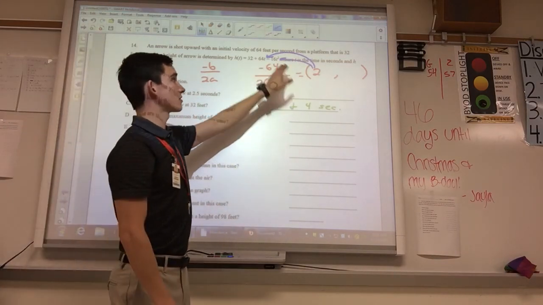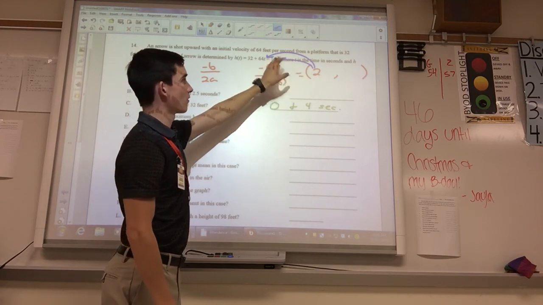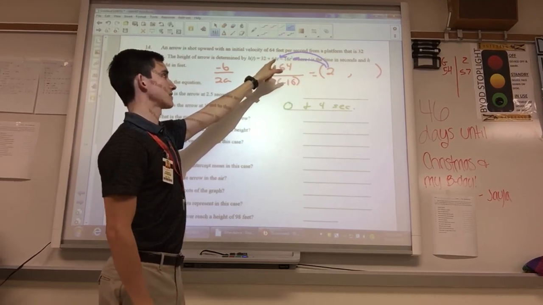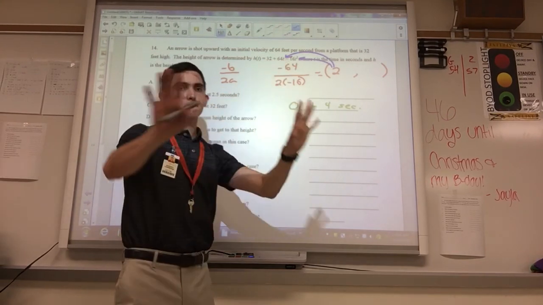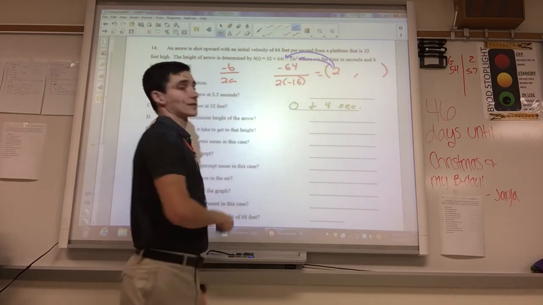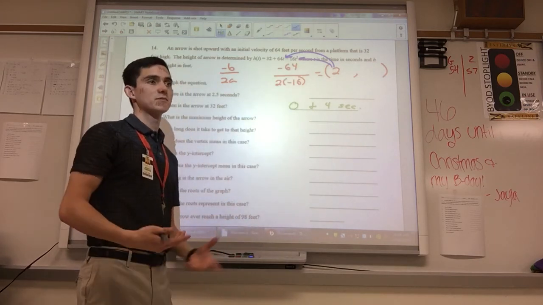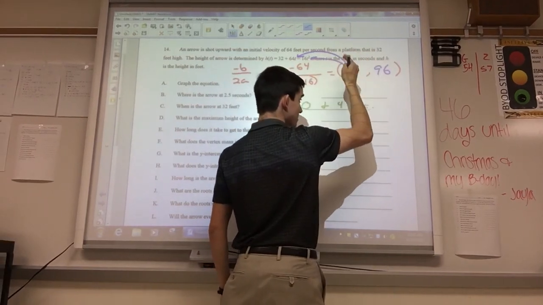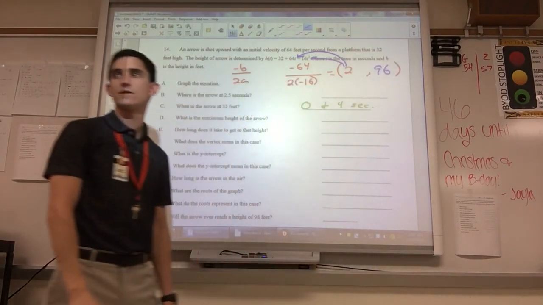So I need somebody to go ahead and do t squared, which is 4 times negative 16, negative 64 plus 64. Without taking too much time, plug 2 in, it should be 96. Yes, it should be 96, okay? So plug the 2 in, we get 96. So in 2 seconds, we reach the maximum height of 96 feet, right?